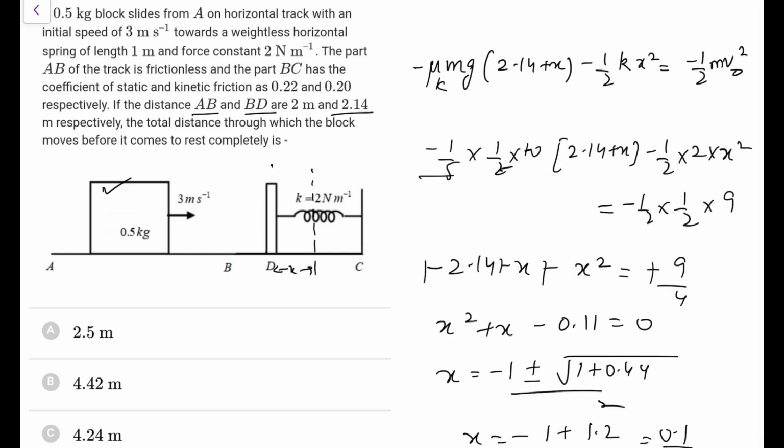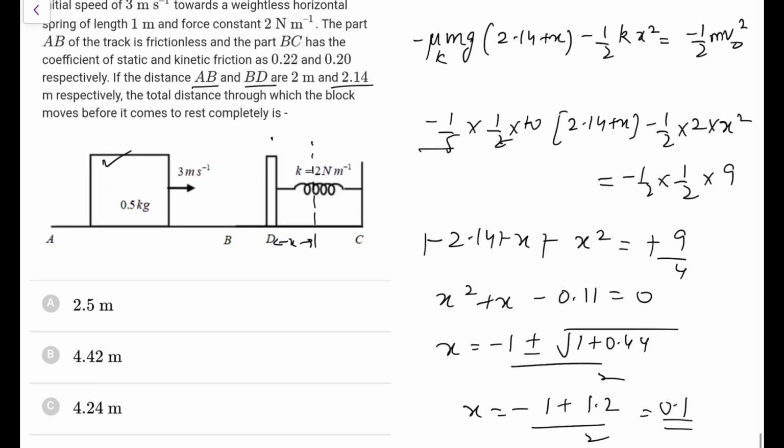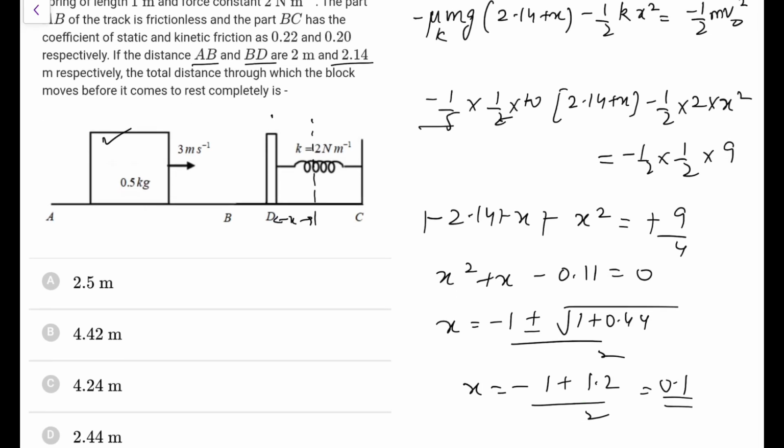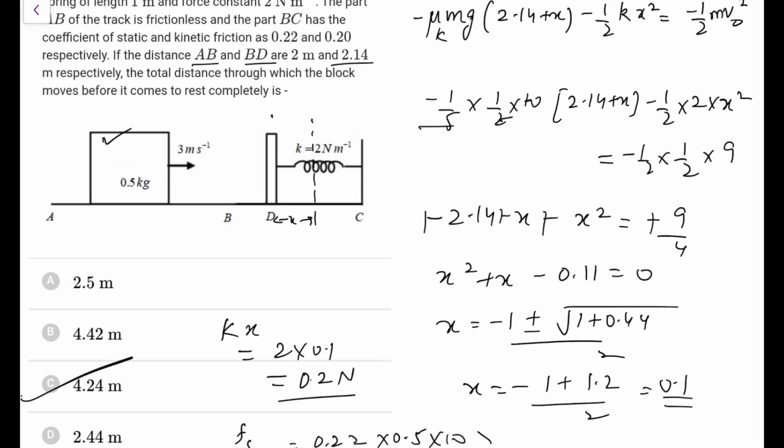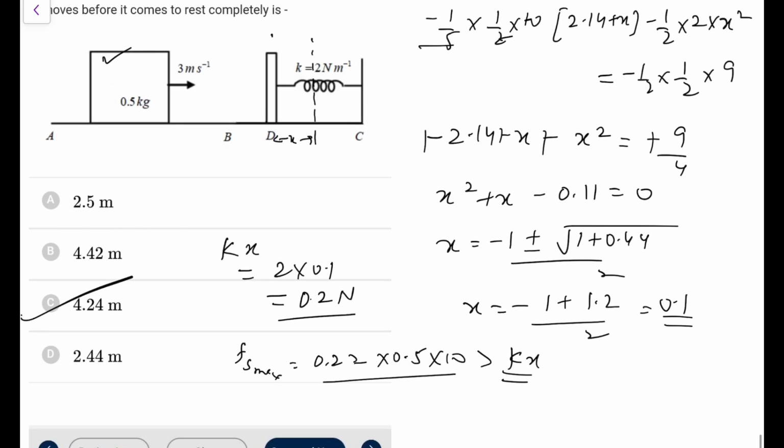So the distance it will travel is 2 plus 2.14 plus 0.1, that is 4.24 meters. At that moment the spring force is kx, means 2 into 0.1, that is 0.2 Newton, and the friction Fs max which can operate is 0.22 into 0.5 into 10, definitely greater than this kx, so it won't move, it would be at permanent rest. So 4.24 would be the answer.